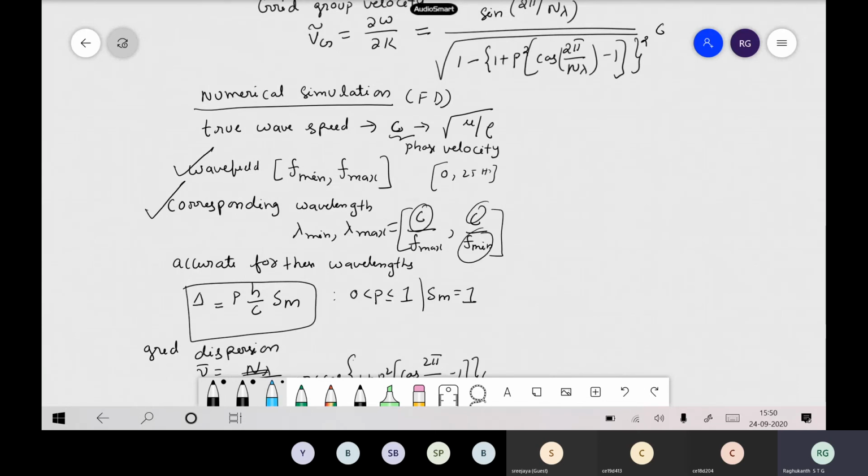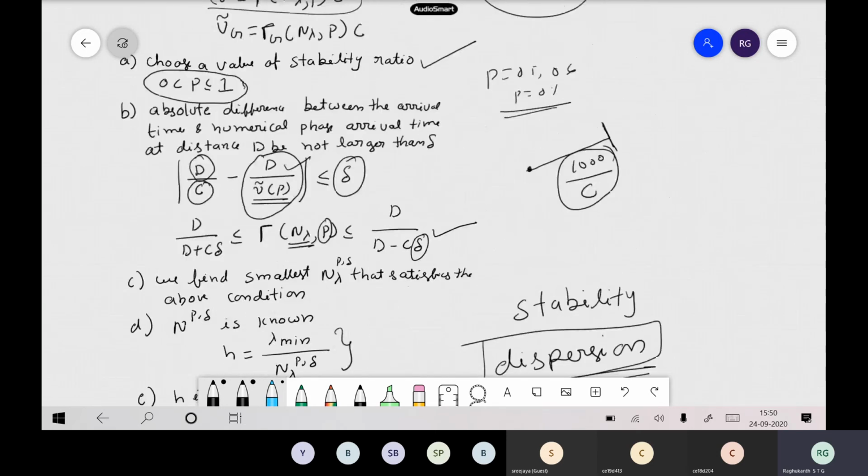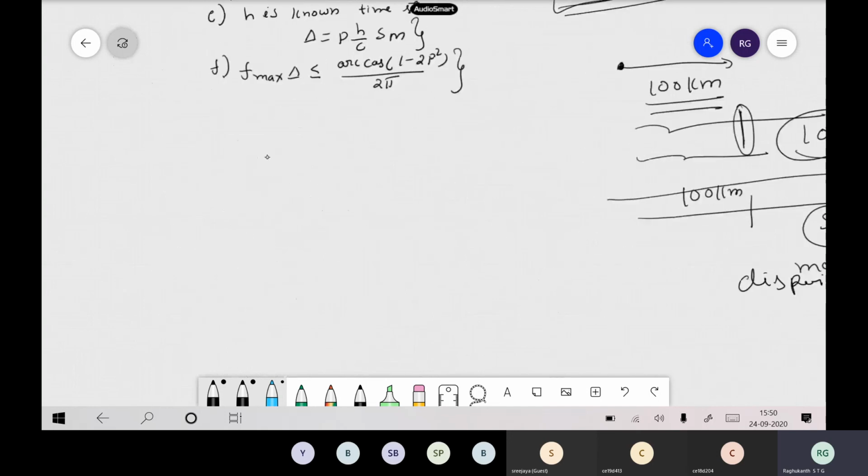Once you know C, you give this F min, F max, and then your C, then you have to define P, then you have to define delta, how much arrival time error. Using this, your program should tell me what should be my time step, and what should be my spatial increment. So this is how we can calculate using this stability analysis itself.